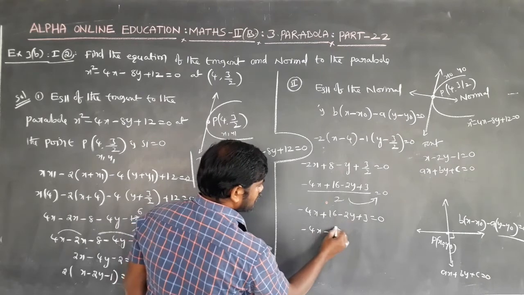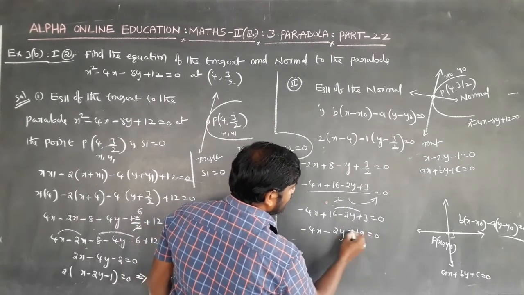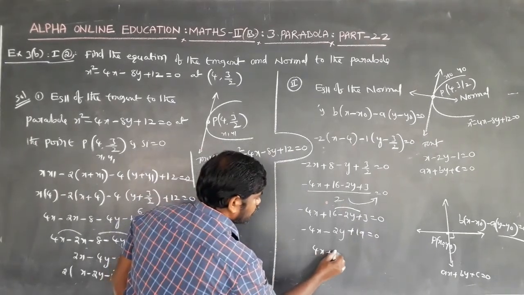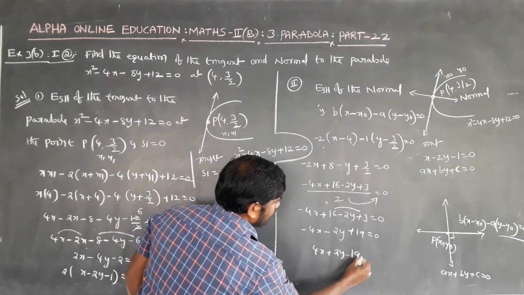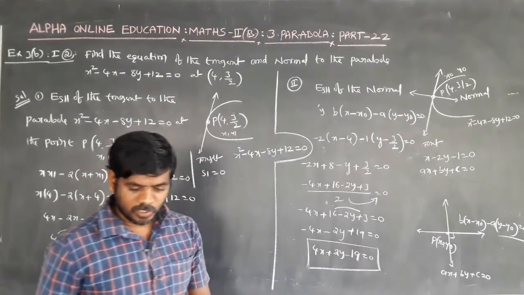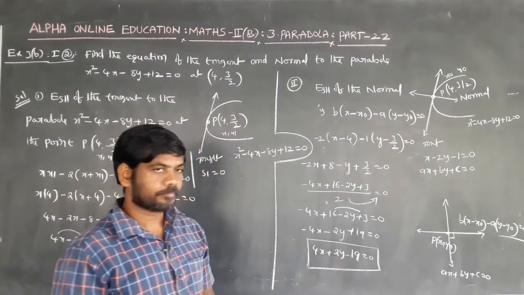Minus 4x minus 2y, 16 3 19 is equal to 0. Multiply with minus, 4x plus 2y minus 19 is equal to 0 is the equation of the normal.